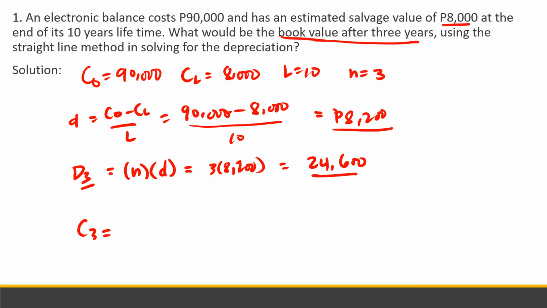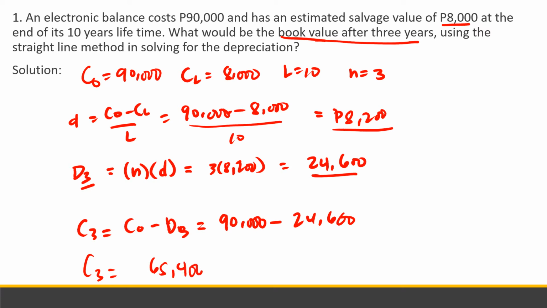Now we are looking for the book value after 3 years. So book value is equal to C sub O minus D sub 3. So 90,000 minus 24,600. So the book value after 3 years is 65,400 pesos.